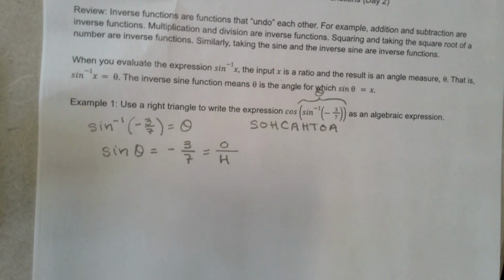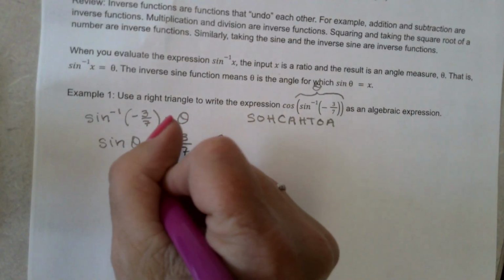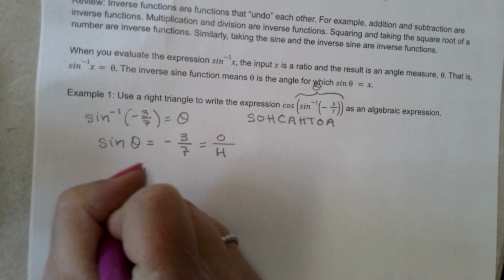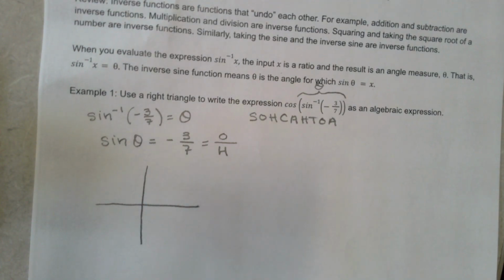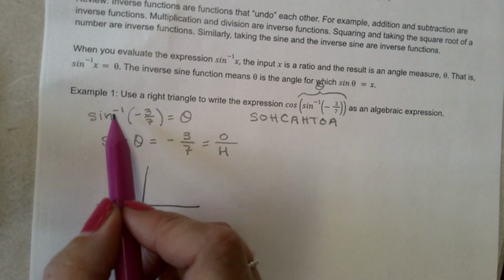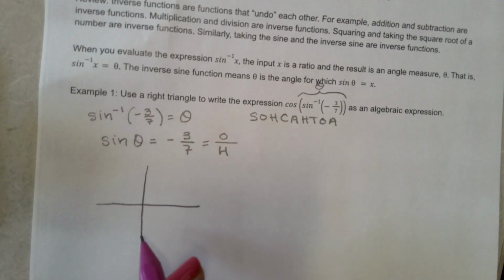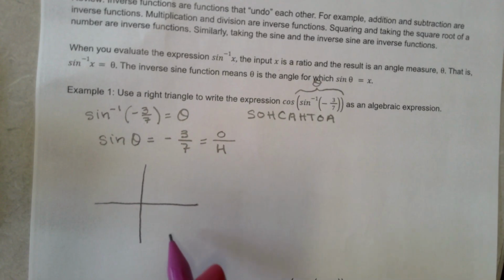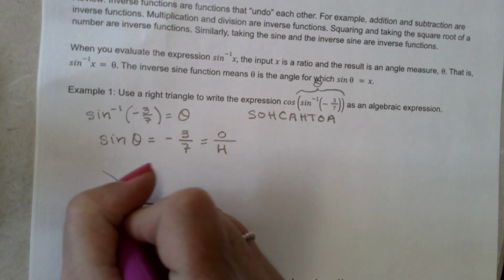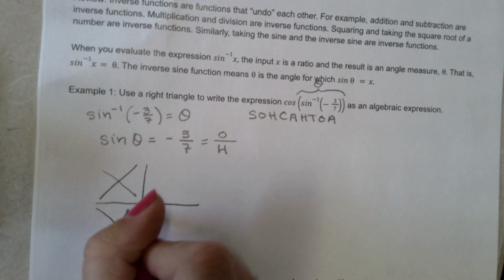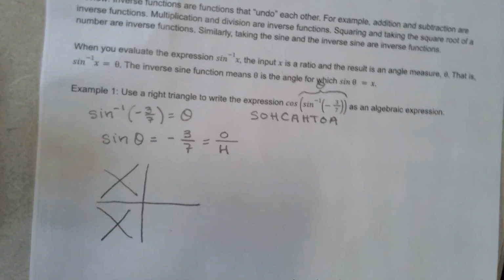So for me personally, I put this on the coordinate grid. So I'm going to put this on my coordinate grid. And I need to remember that the inverse sine only lives in quadrant 1 and quadrant 4, right? So I don't want to build my triangle in quadrant 2 or quadrant 3.